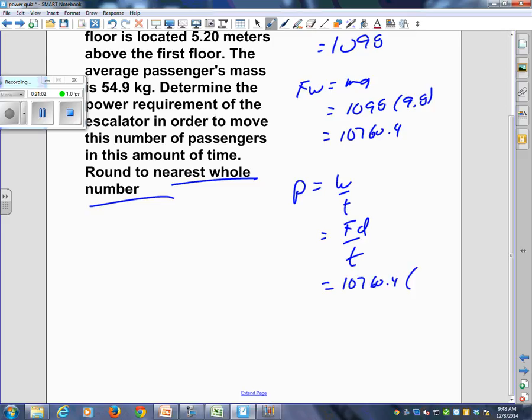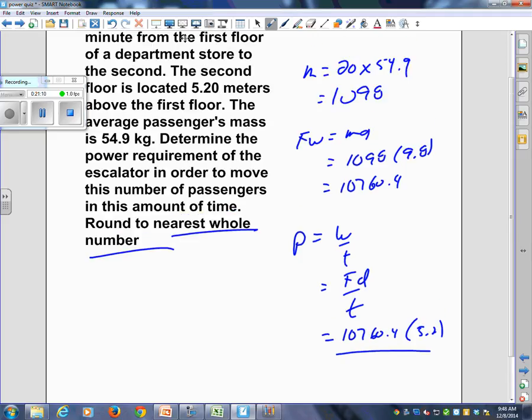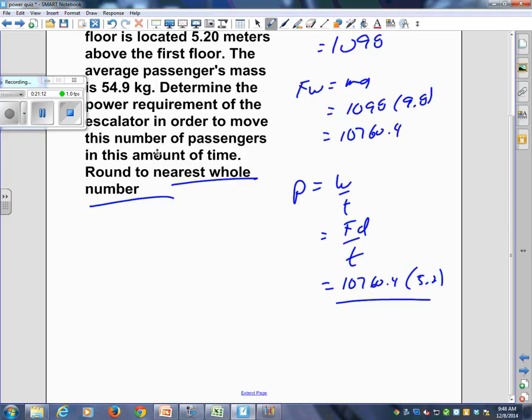The distance is 5.2, and it has to happen in 1 minute, 60 seconds. So that big number times 5.2 divided by 60, 932 point something. I guess that would be 933 watts.